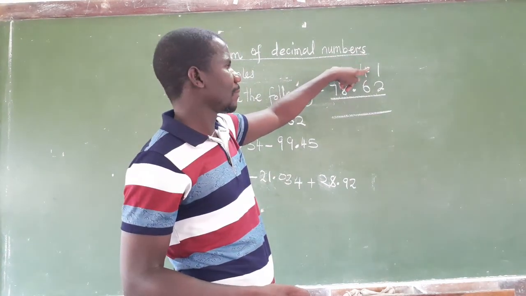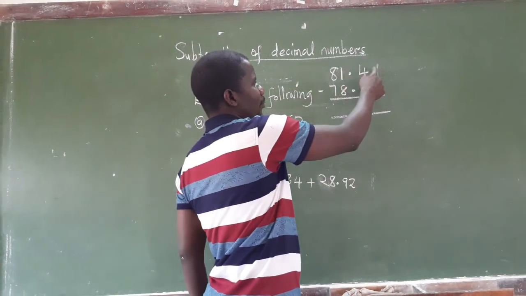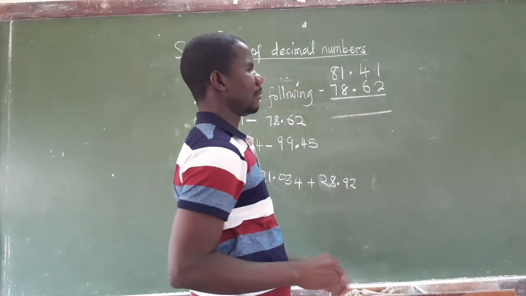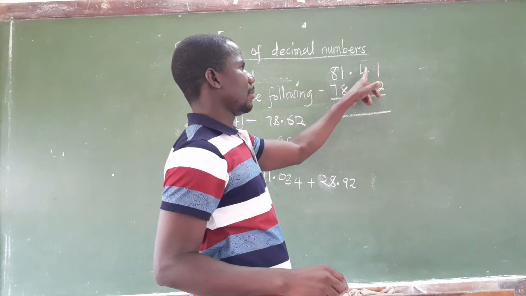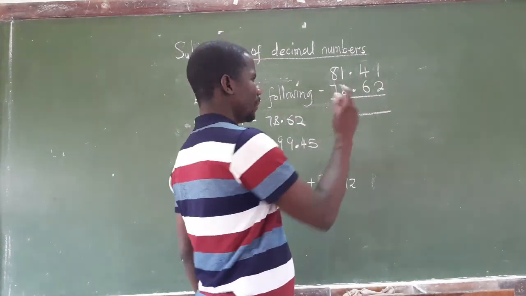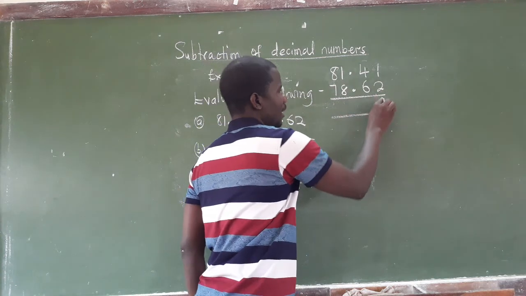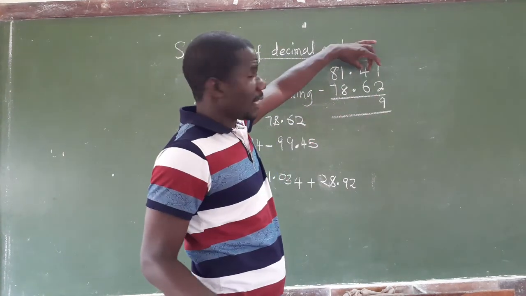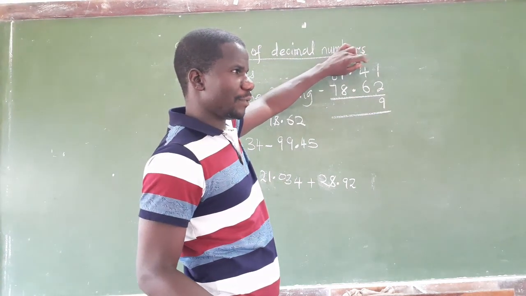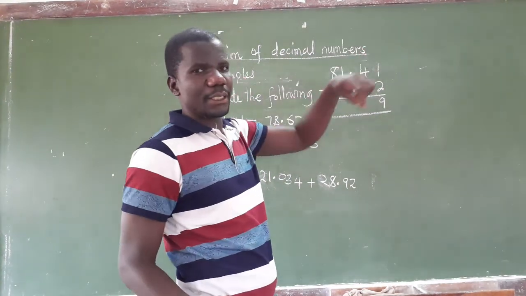Okay? Now, we still have this part here. So from this 14, we get 1. This becomes 11. So we're going to say 11 minus 2. What do we get? 9. So here we had 14. Now when we got 1 from this 14, we remain with the 13.